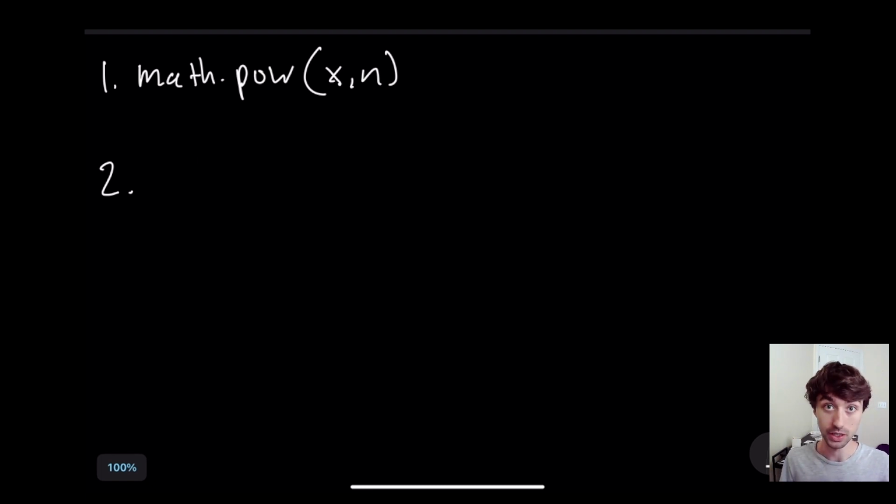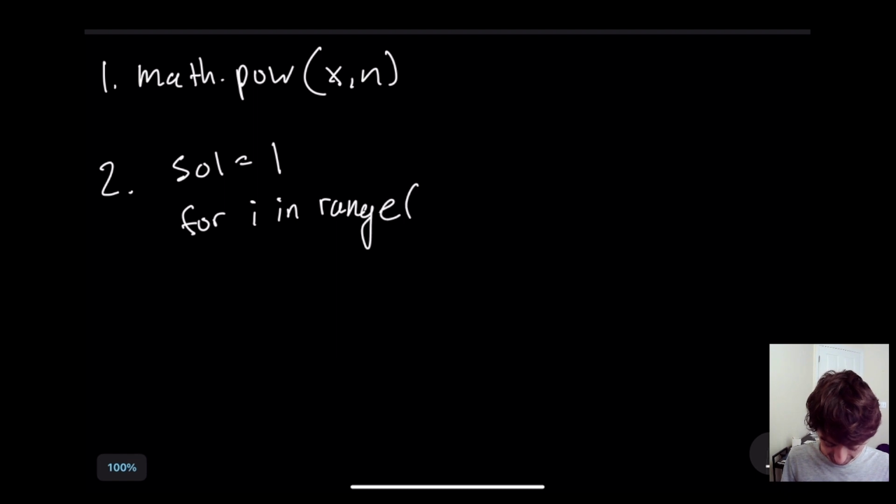Now there's something else we could do, which is to use loops to make this work. Raising something to a power is basically just multiplying that number by itself n number of times. So we could have some solution variable set equal to 1, and then loop for i in range n.